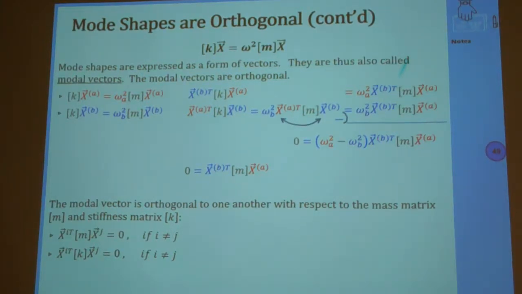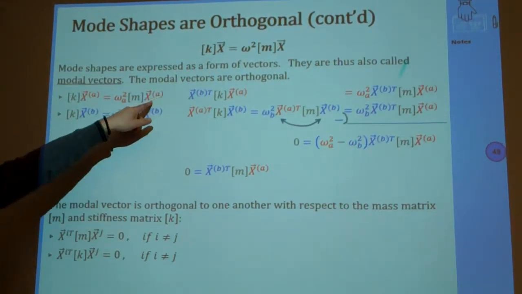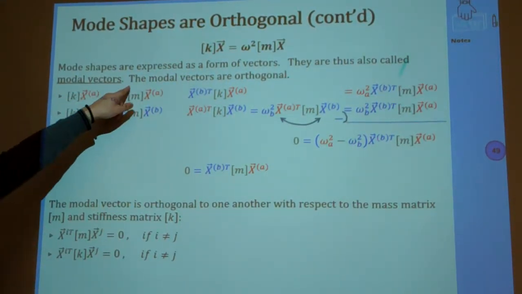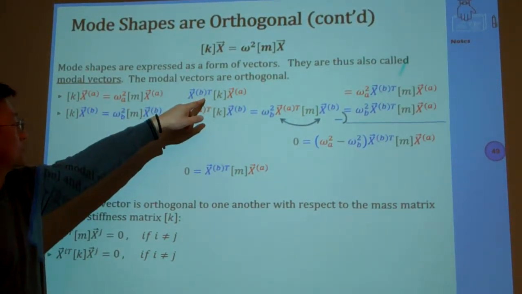And then moving from here to here, I simply pre-multiply the whole equation by different modal vectors.